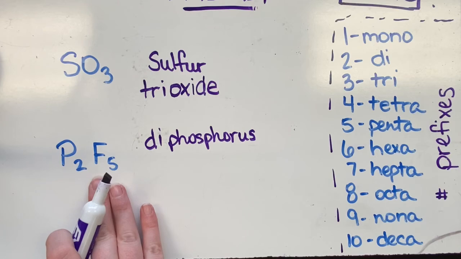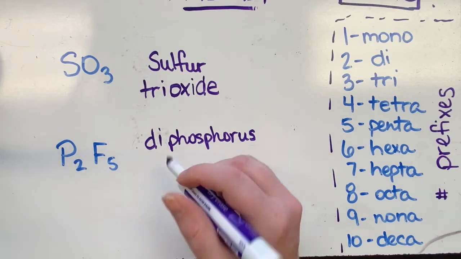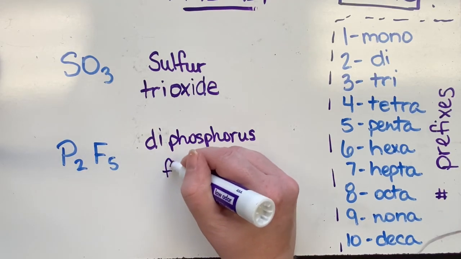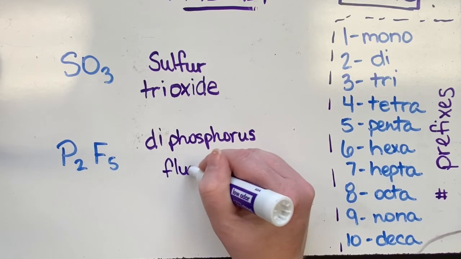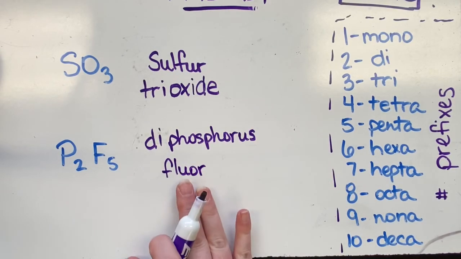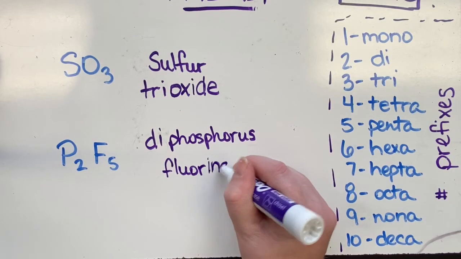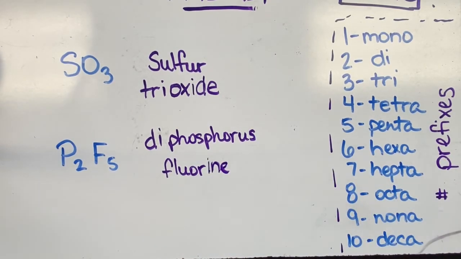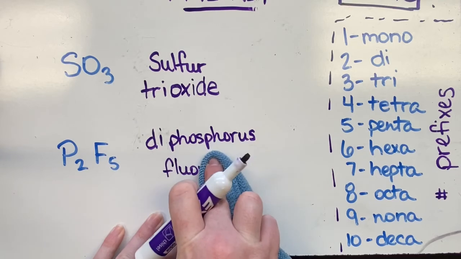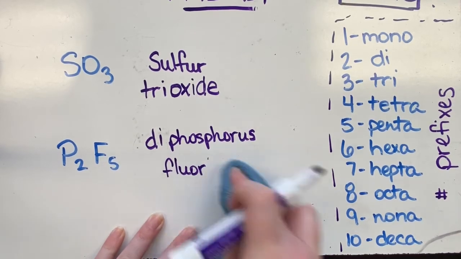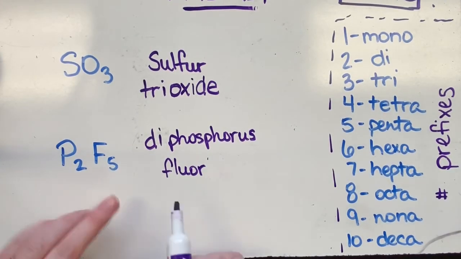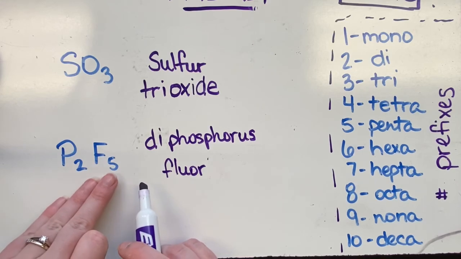I look at the second part, I see the chemical symbol F. I know that there is an element on the periodic table, fluorine. So I'm going to keep the root of fluorine. If I keep the root of something, that means I get rid of its initial endings. I see the number 5.